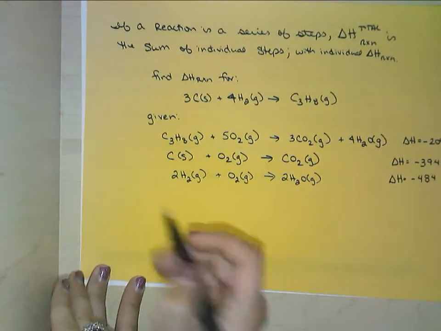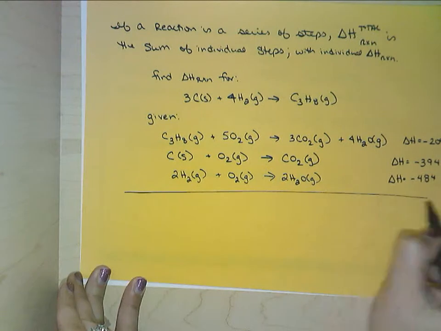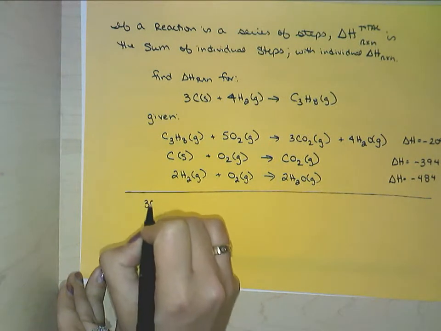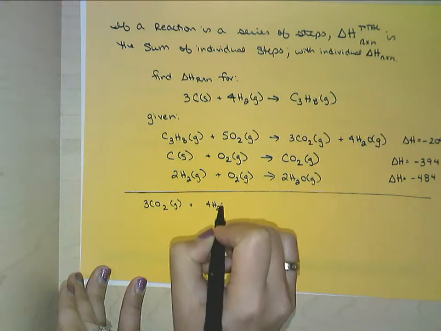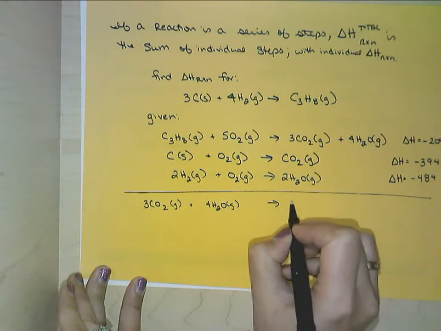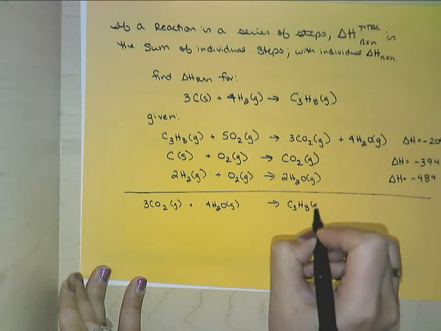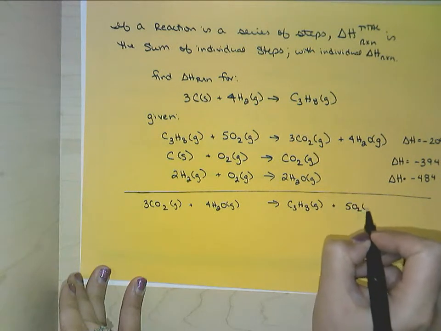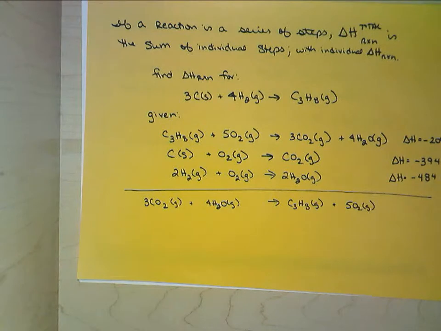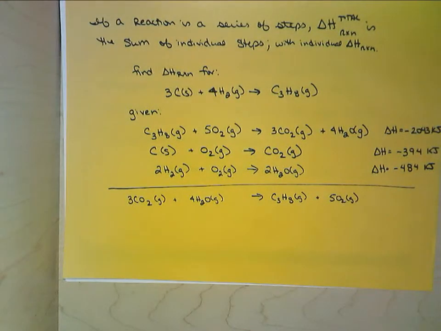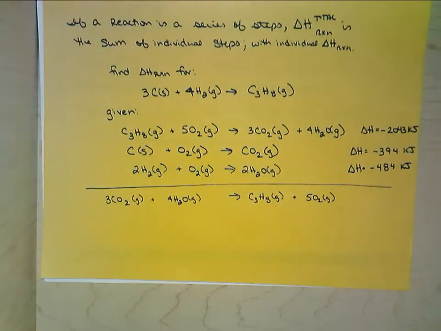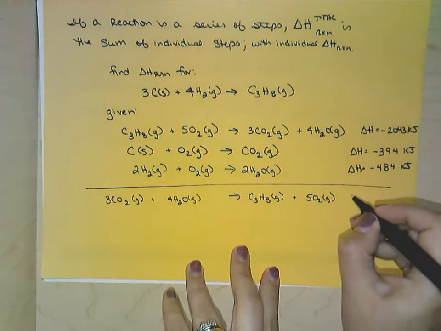Okay, so if I flip that over, what happens to the delta H for this? All right, change the sign. Does it change the value? No. Common mistake: don't change the value.